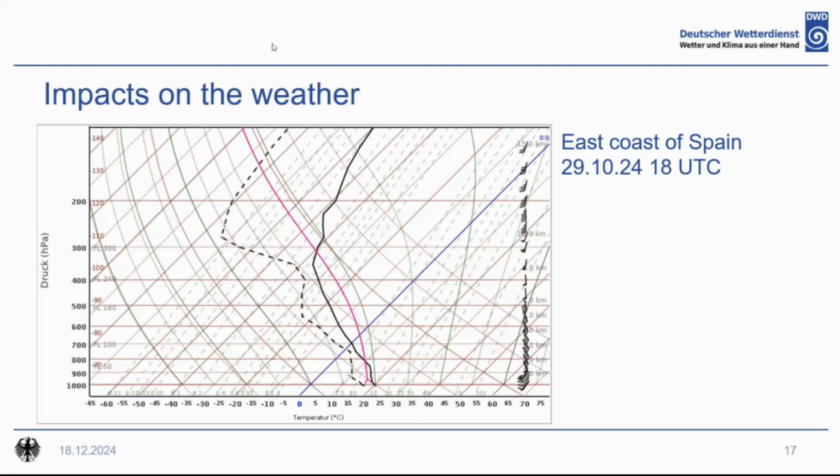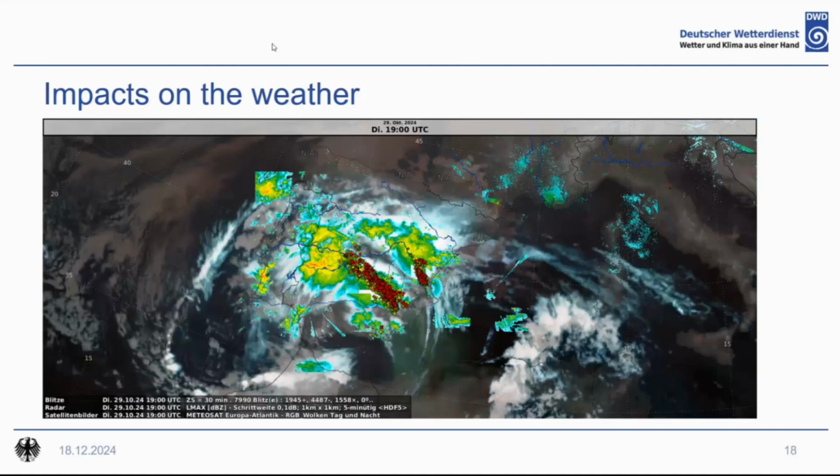And that's something you can see on the radar and satellite image from the 29th of October as well, from 19 UTC. You can see the cloud bands above the central plains of Spain and above the windward side of the Iberian Mountains in the west of Spain.